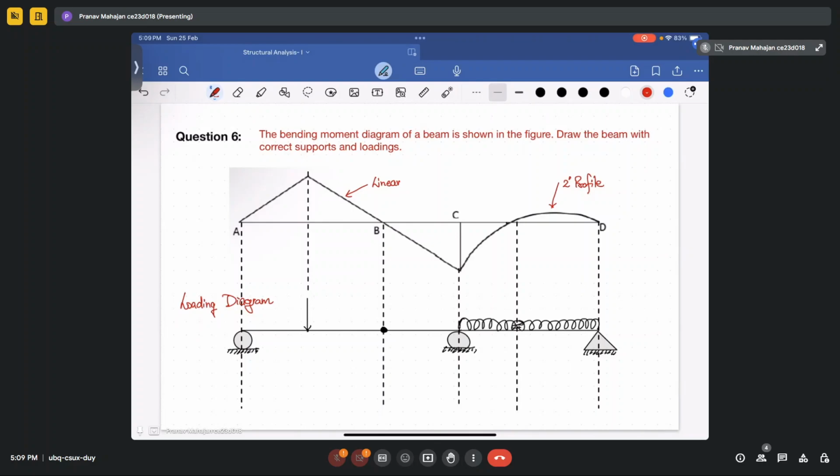Okay, so if someone has any doubt, he can post in the student forum, or also can ask right now. We will try to answer in the student forum as soon as possible, and will provide you the detailed description for the same.